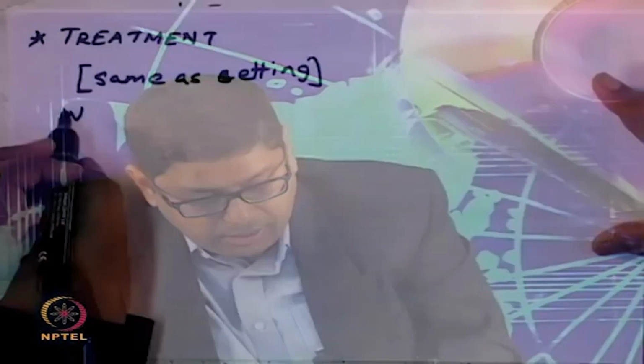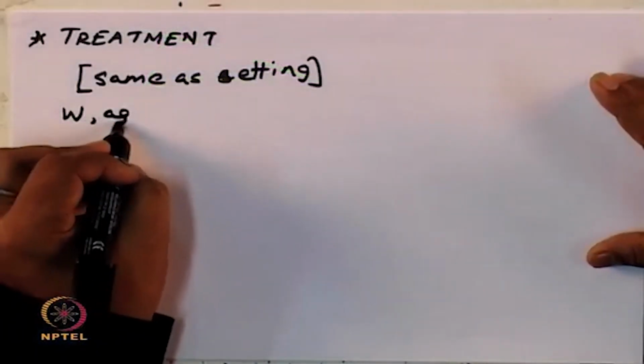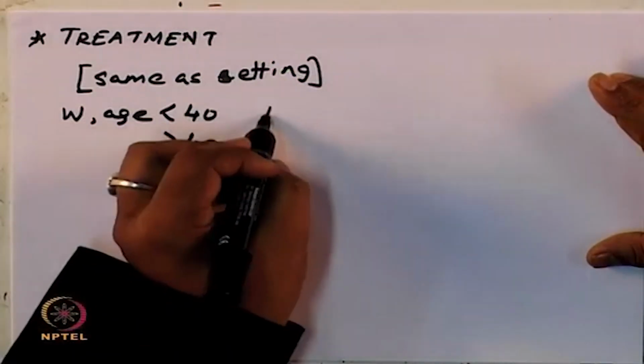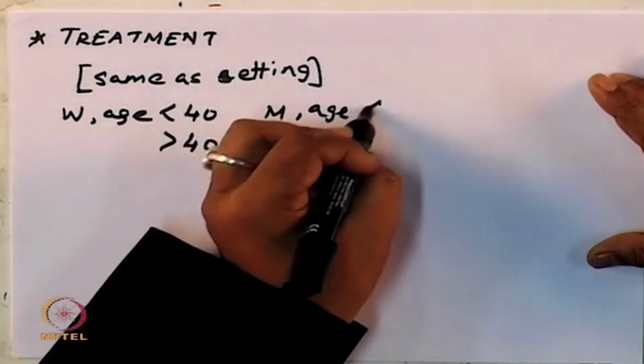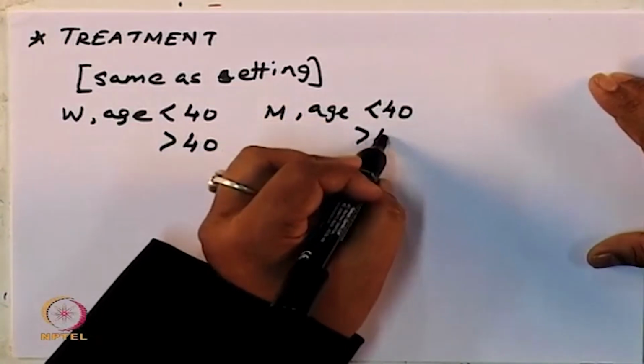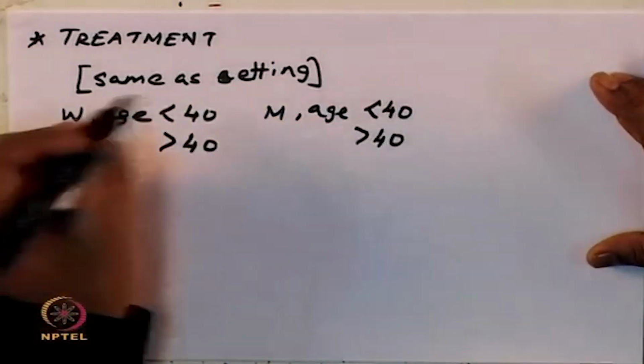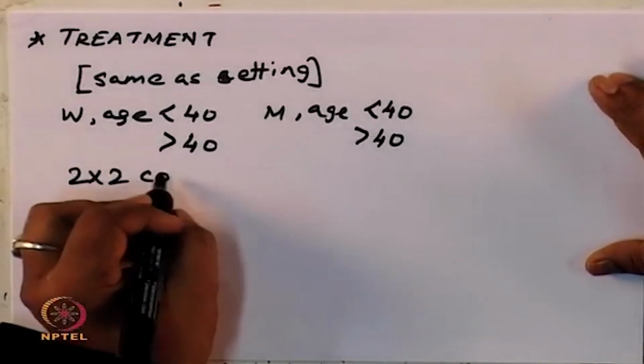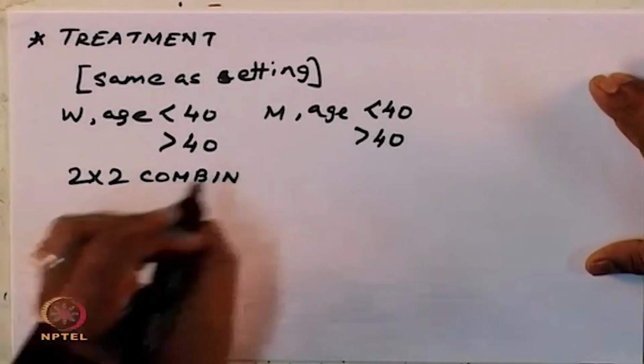However, your treatment can be women with age less than 40 and greater than 40. Similarly, men with age less than 40 and greater than 40. So in this case you have 2 into 2 combinations or treatment settings.